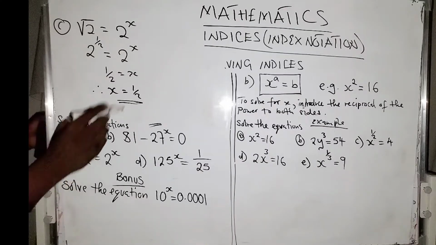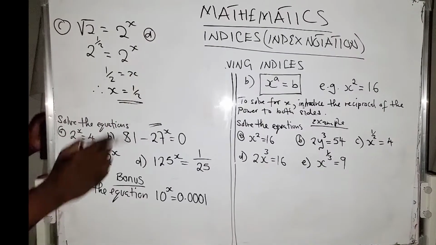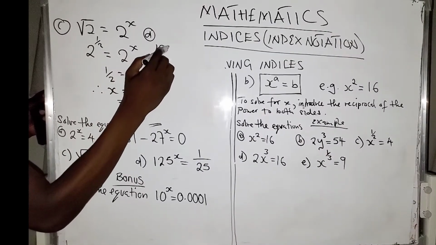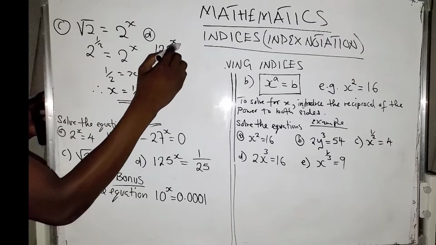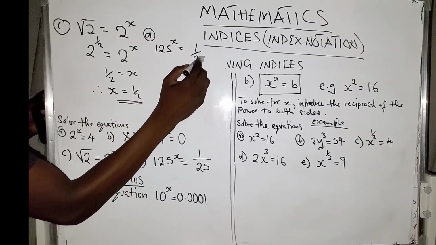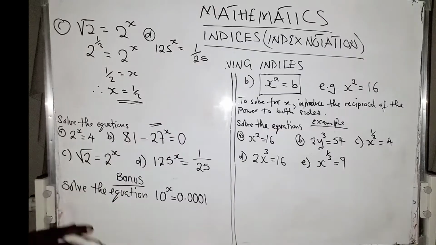Then D is 125 to the power x is equal to 1 over 25. So always, wherever you go, don't forget the laws of what? Indices. Now look at this.